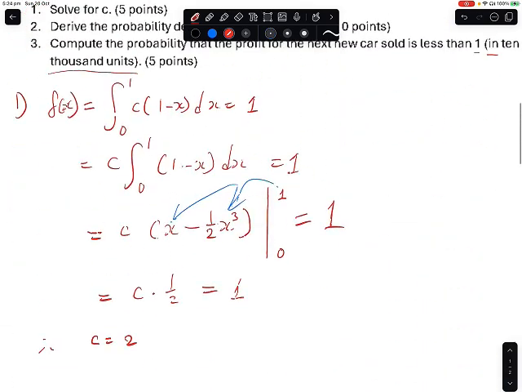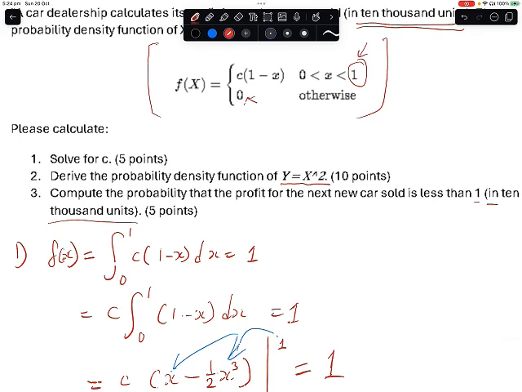Now, calculate the probability that the profit for the next car show is less than 1,000. Since the profit is measured in 10,000 units, we calculate the probability that y is less than 0.1.